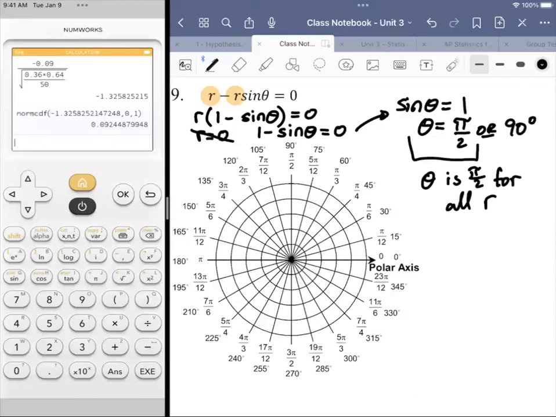That means my r value could be a 1 in the direction of pi over 2, which would put it here. It could be a 2, a 3, a 4, a 5, 4.4, 1.8, or negative values going the opposite direction. Same deal. What this is doing is creating a path in the form of a line.